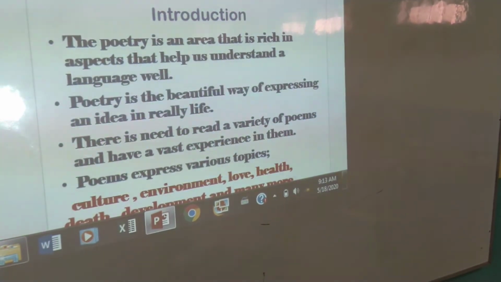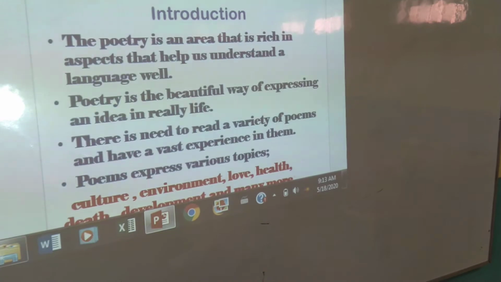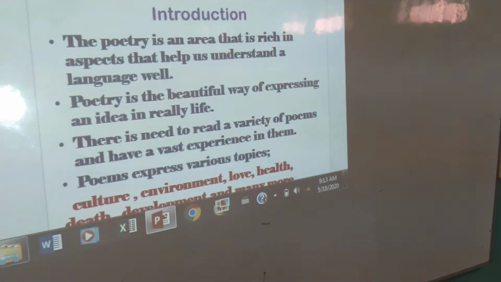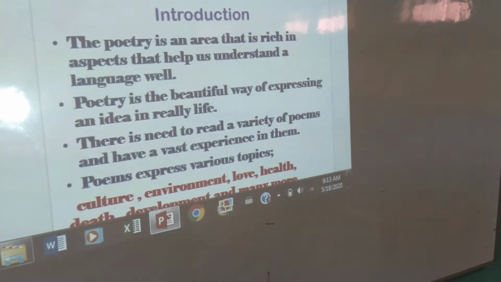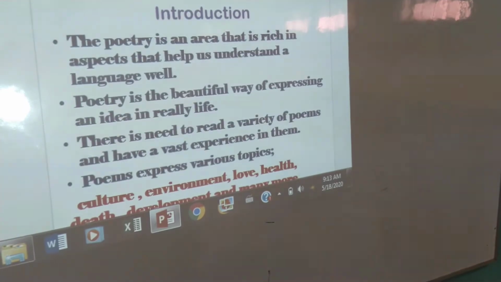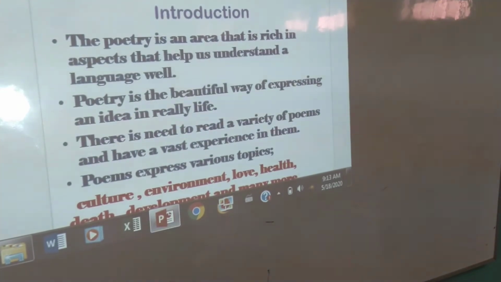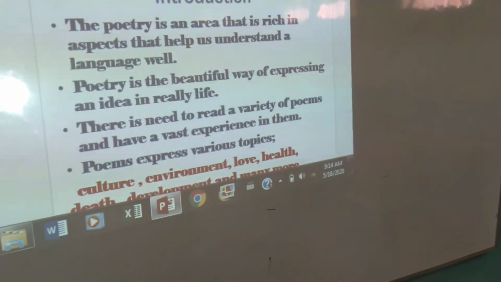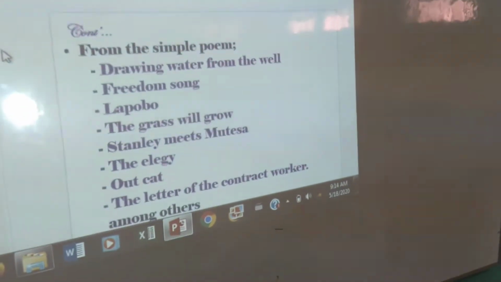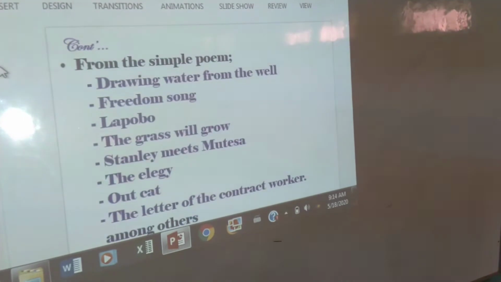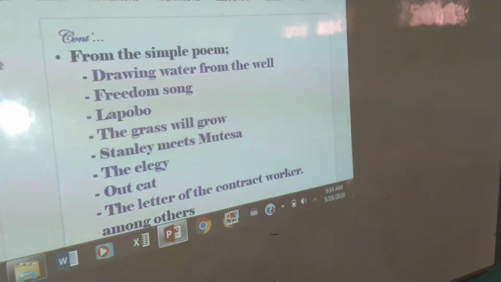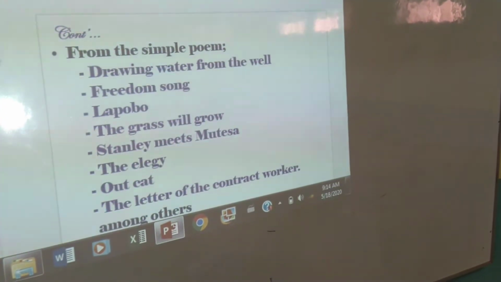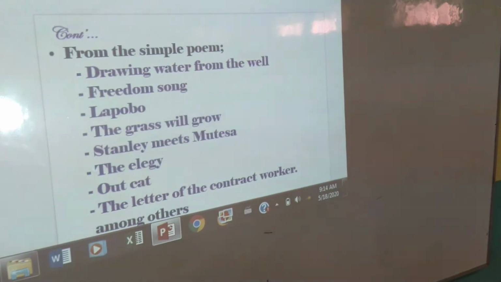As well as you will be able to look at poems from various backgrounds out there. Poems that deal with culture, environment, poems that deal with health, poems that deal with death, as well as development and other forms. Examples of poems that you've come across all the way from Form 1 to Form 4. Can you remember a poem that goes with the title Drawing Water from the Well?